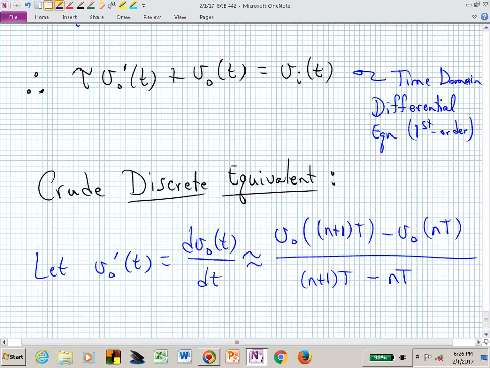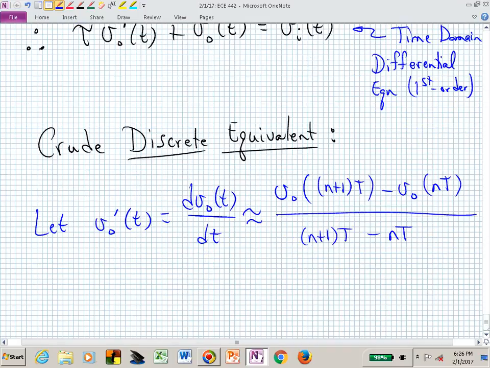So there is a small difference in my output by the sample period, and the time difference is just the difference in time between those two arguments.